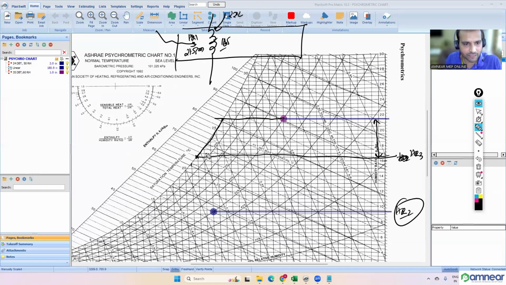Because we don't want to keep the surface temperature of the cooling coil too low as per the space condition. In the space we need 24 degrees Celsius only. But still, it has not reached the humidity ratio of the required condition. Excess dehumidification is still required. There, after the cooling coil, we can also propose a desiccant wheel. So now this desiccant wheel has to remove the humidity from this point to this point only.